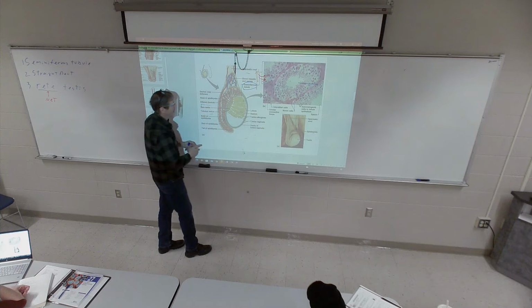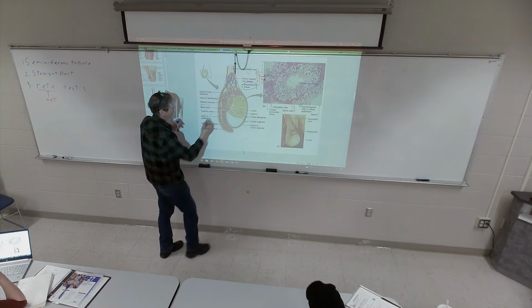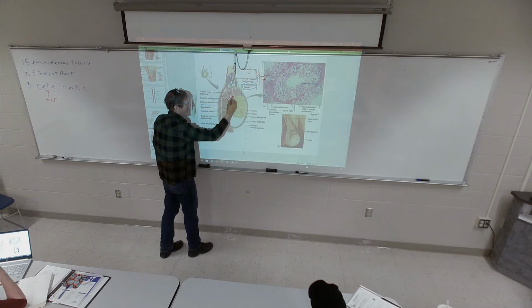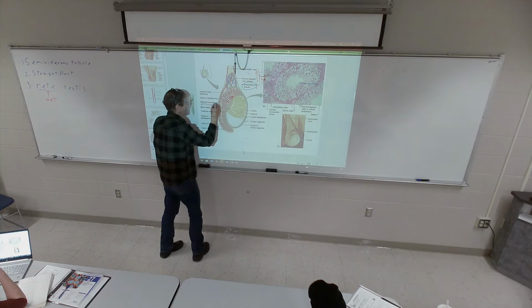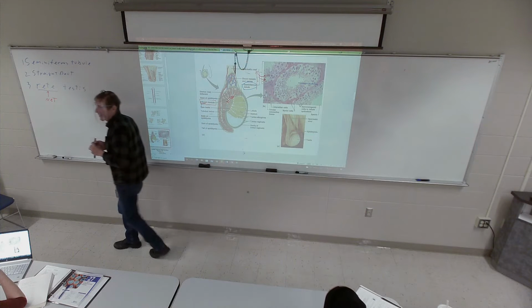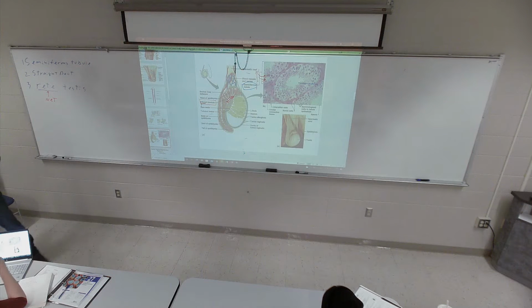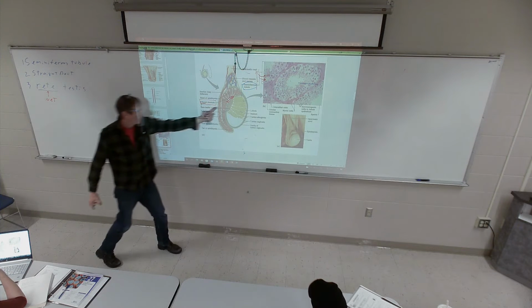And then the sperm will exit the testes and enter another organ through efferent ducts. Physiologically, afferent means going to, efferent means going away from. These efferent ducts are just taking the sperm away from the testes.